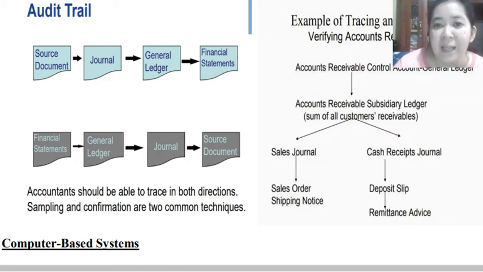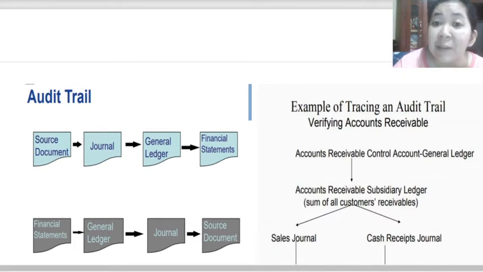At the same time, we will also look into the cash receipts journal for the collection, the deposit slip, and any remittance advice coming from our customers. So that's how we trace or verify the accounts receivable.